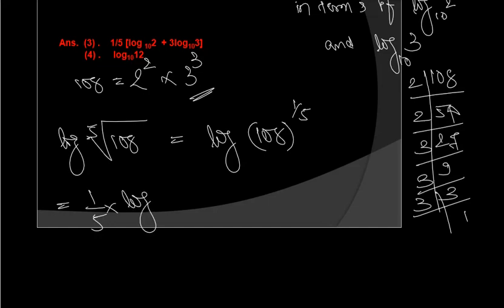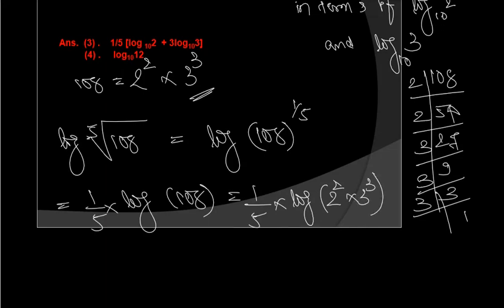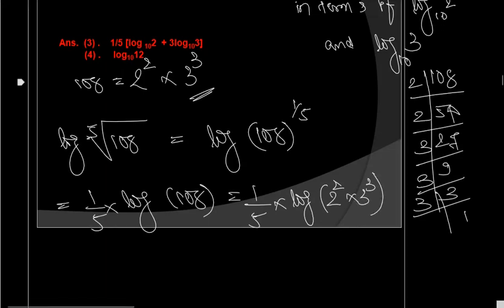So 1 by 5 into log of 108. Cool. So this will become 1 by 5 into log of, okay, 108. What is 108? 108 is 2 square into 3 cube.